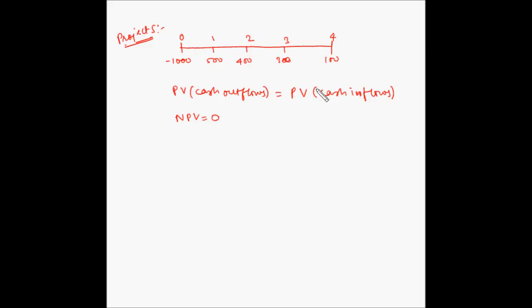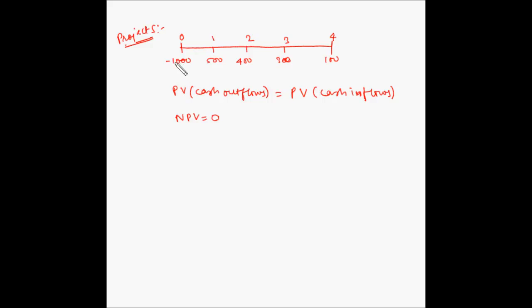But both the outflows and inflows are the same. So positive of an amount minus the same amount will become 0. So IRR is the rate at which NPV is equal to 0.